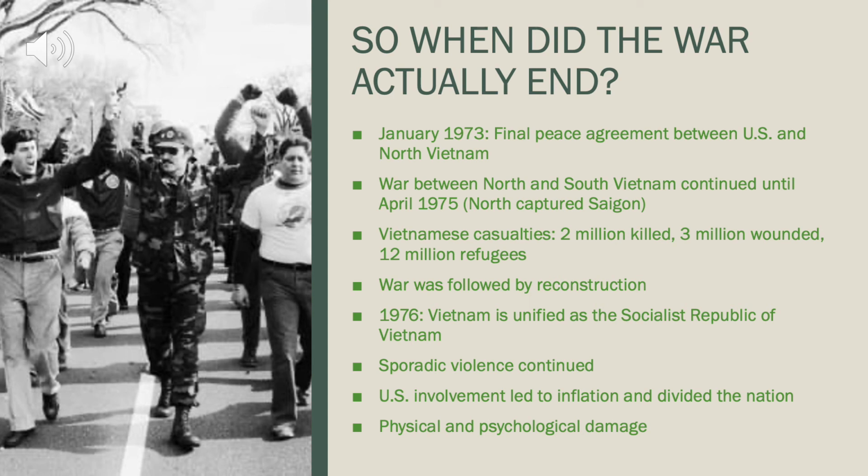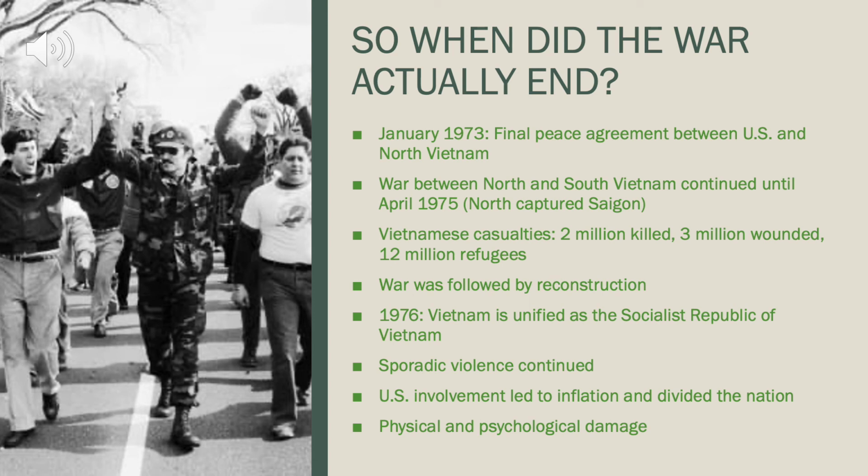The Vietnamese suffered so many casualties during this time. 2 million were killed, 3 million wounded, and 12 million civilians escaped as refugees. After the war, it was followed by reconstruction in Vietnam, and by 1976, Vietnam was unified as the Socialist Republic of Vietnam.